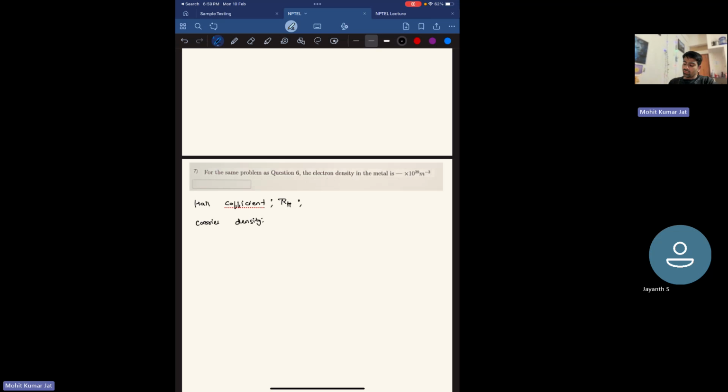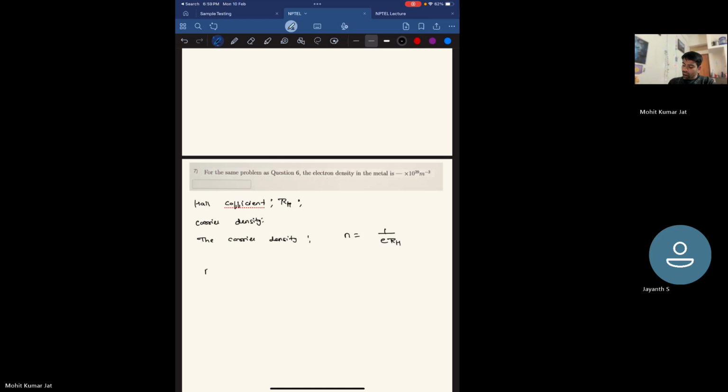The question is asking, what is the carrier density? We all know, and from the class notes you can refer, that N will be nothing but 1 by E times RH. RH is the Hall coefficient which we have calculated.